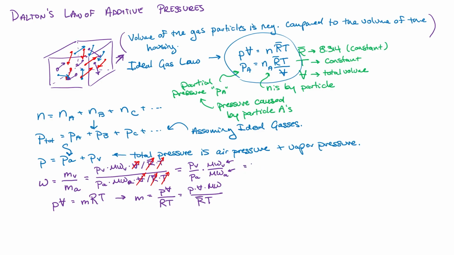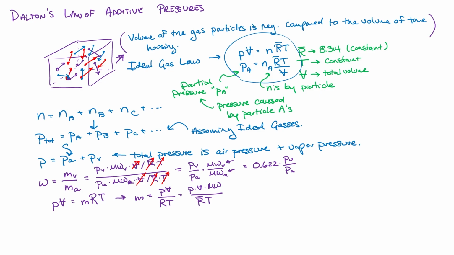And we get our molecular weights overall, saying that these two values come down to a single number. It's just a constant, 0.622 times our vapor pressure divided by our air pressure.